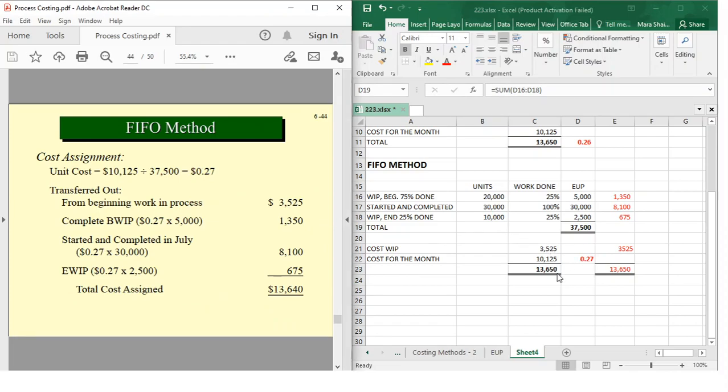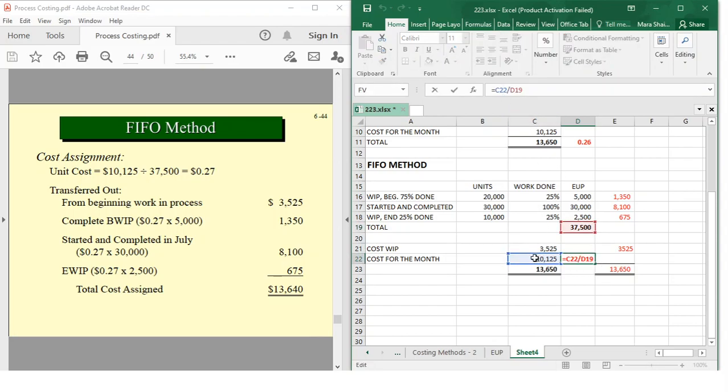Now, as to the computation of the unit cost, again, the beginning and the current are separate. So, this 37,500 is only for your current. The unit cost of 0.37 is computed from 10,125 over that, with 14 being your cost for the current period, or the cost for the month.